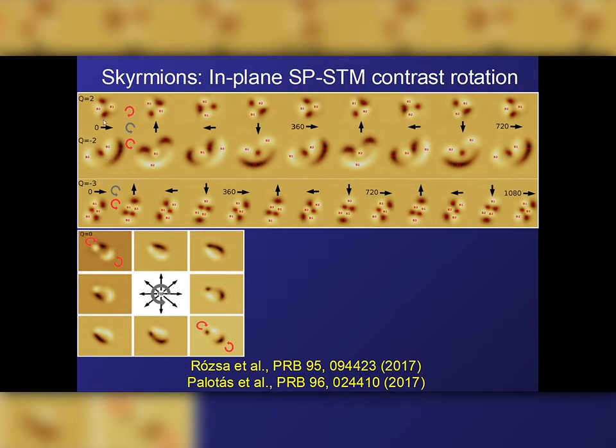What we find is that for the negative Q, we have the same direction of the rotation of the contrast features with the tip rotation, and for the positive Q, we have an opposite direction of the rotation of the contrast features. And for the chimera skyrmion, we find that the two sides, the skyrmionic and the anti-skyrmionic side, have an opposite rotation, and this corresponds also to these positive and negative values here.